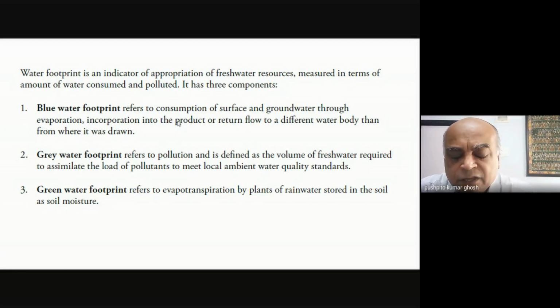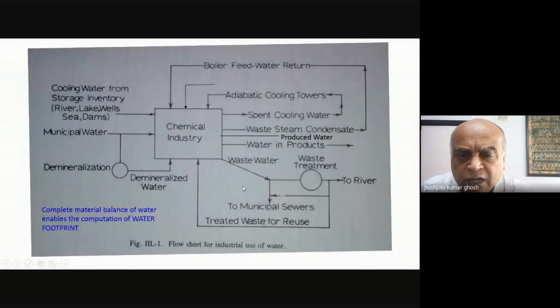Let's say if I use something and didn't do any harm, and I put it back into my river, that would be fine. Then I can deduct it. But that's not the case. What you have is waste waters, etc., which are finally finding their way into some other body, not necessarily into the water body from where you took your fresh water, because this is a clean source of water.